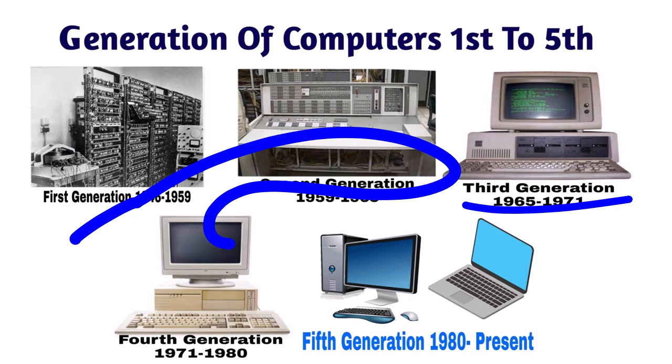Also, the heat generation decreased. So this is very important to note. That development makes it easier to carry fifth generation computers everywhere you go than the previous generations, and they are more efficient, high speed, and also very affordable.